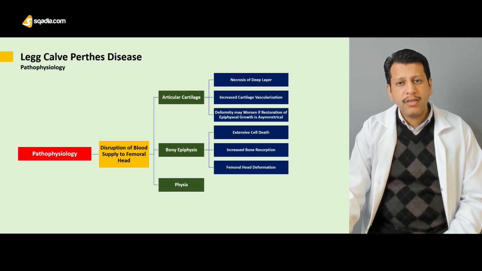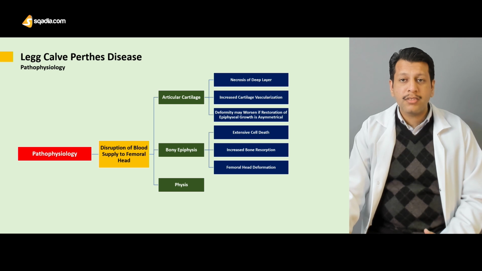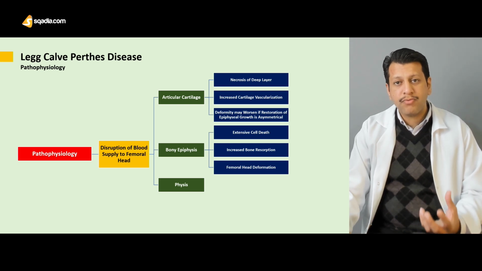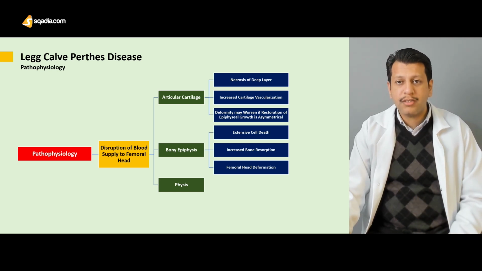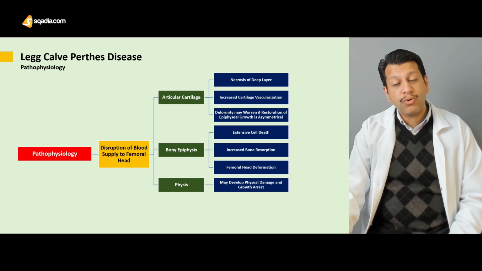Then what happens to the physis? As you know, the physis is the most actively growing part of the bone, therefore it needs vascular supply to make new cells, and it can elongate the bone. So it may develop physeal damage and lead to growth arrest.